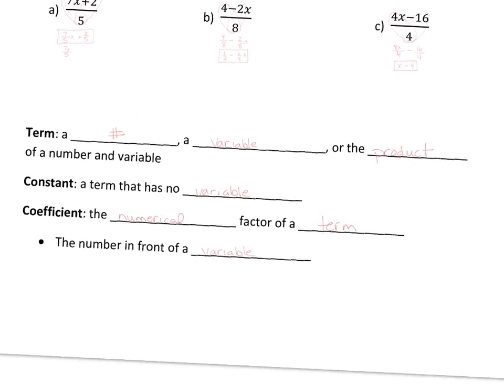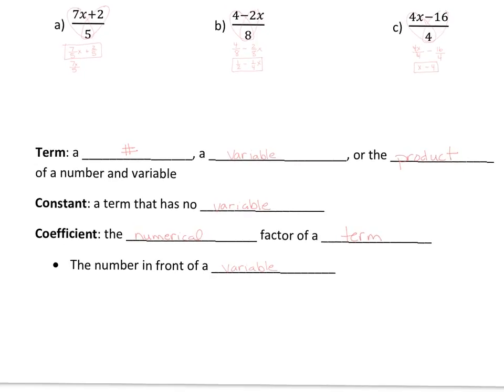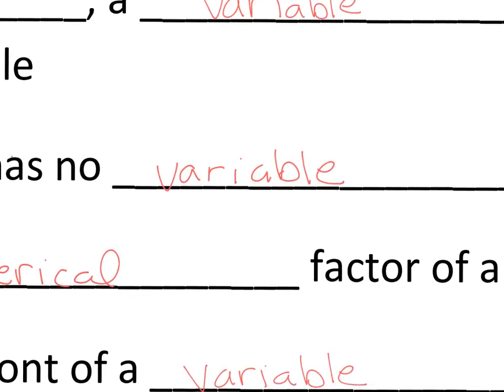All right, couple vocab words. A term is a number, a variable, or when I multiply, a product, meaning a number times a variable, okay? So an example, all of these would be terms, okay? Let's put down a couple examples here. If I have like 4, that is a term, it's a number. Negative 18, that's a number.